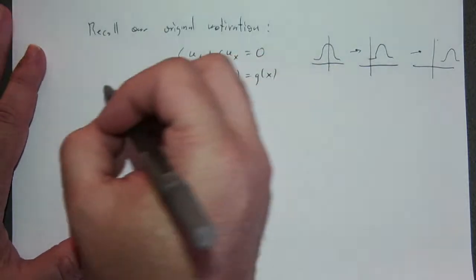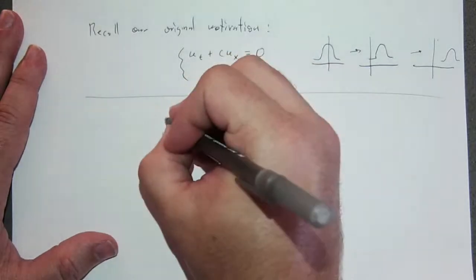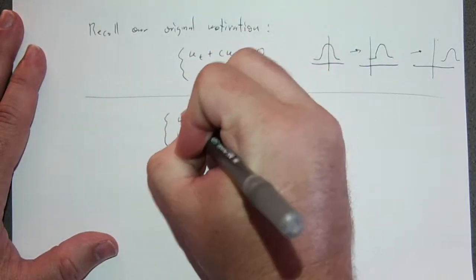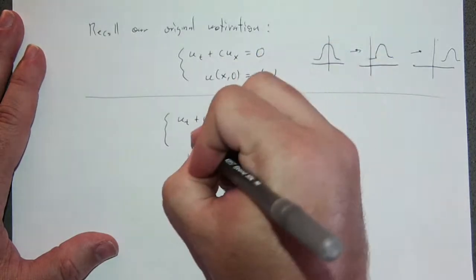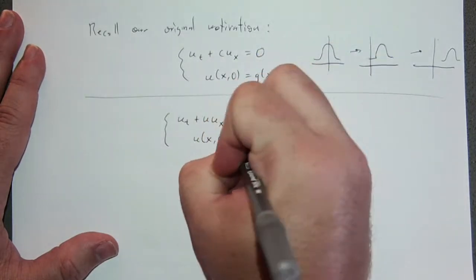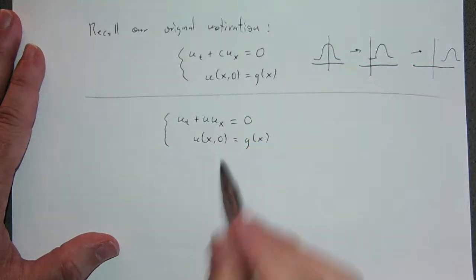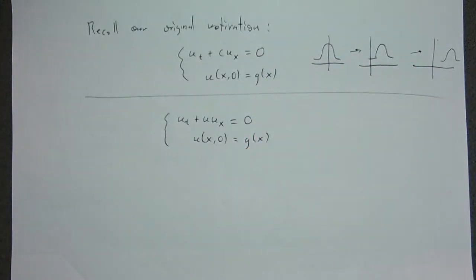But in Burgers' equation, or the inviscid Burgers' equation, what is it that was true?